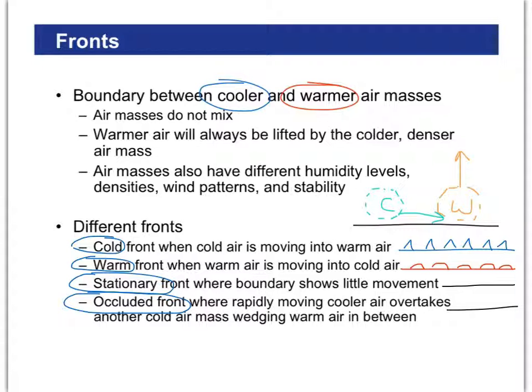But a stationary front has reds on one side and blues on another, and an occluded front has them, I'll say, just kind of interspersed. So here's a stationary front, red and blue on one side or the other. An occluded front has them red, blue, etc. And what these lines mean is the line between one air mass and another.